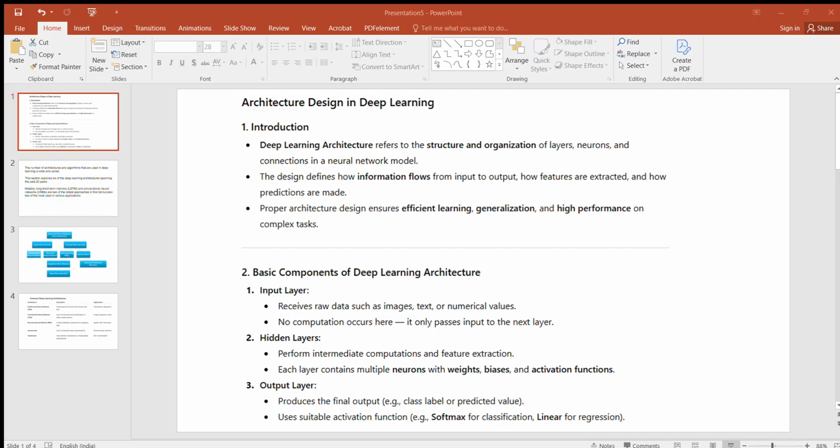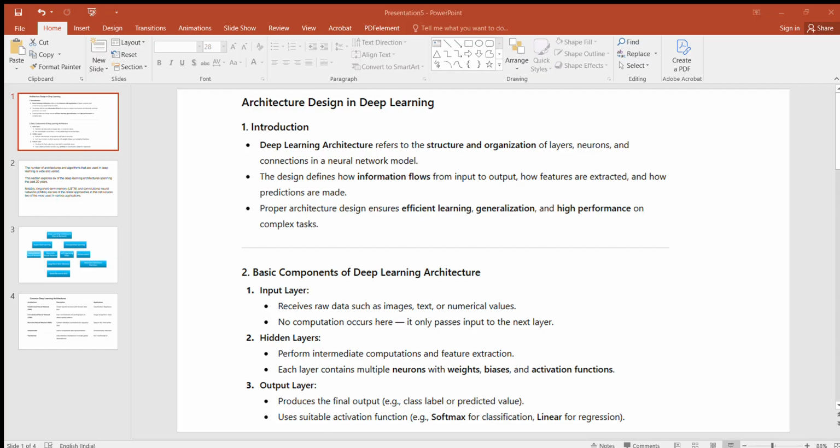That is the second point: in what way we have to design, how information flows from input to output. That is the main thing you have to decide, and based on it you design the architecture.